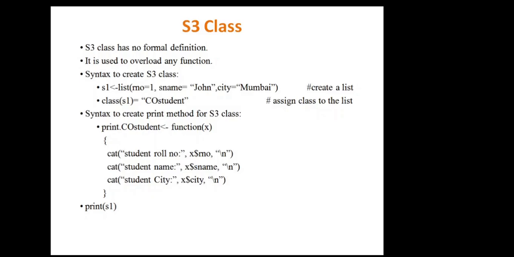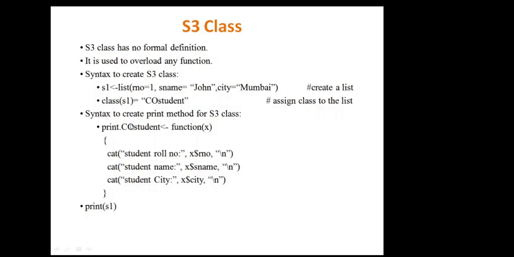Okay, but in our S3 class no such condition is there, no such compulsion is there. In an S3 class you can create any number of objects and all the objects can have different numbers of attributes.